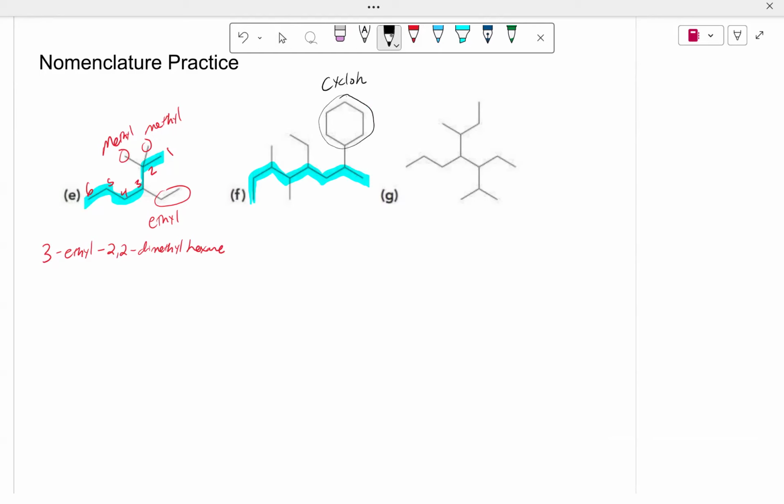It will be called a cyclohexyl group. And then I'm just going to number these 1, 2, 3, 4, 5, 6, 7, 8. And then over here is an ethyl. And then we got a couple methyl groups here.